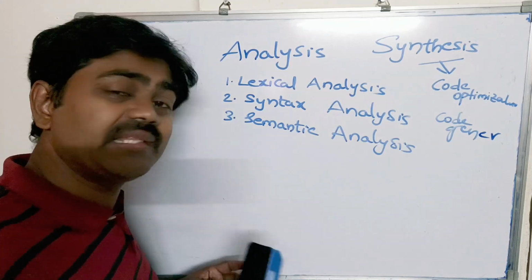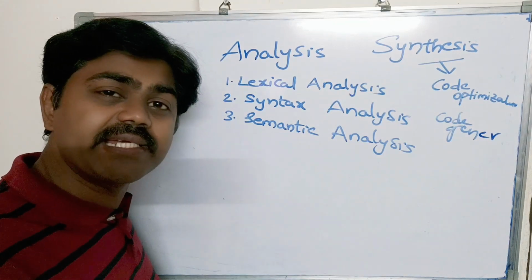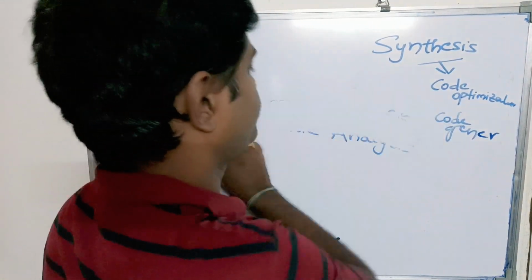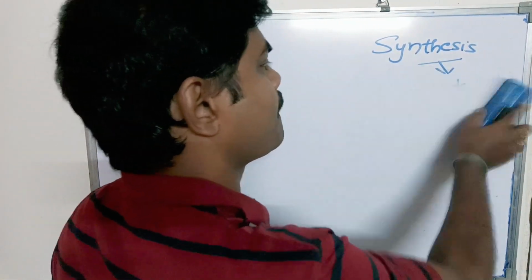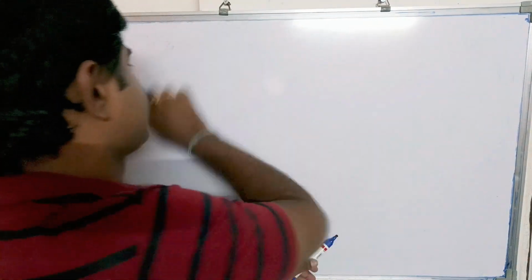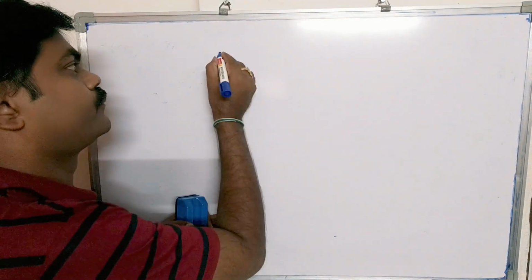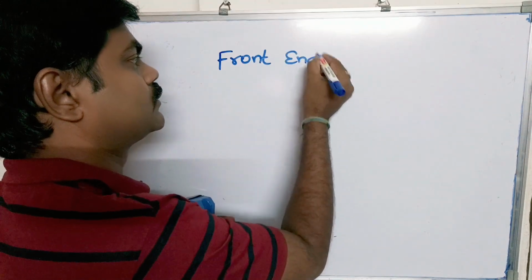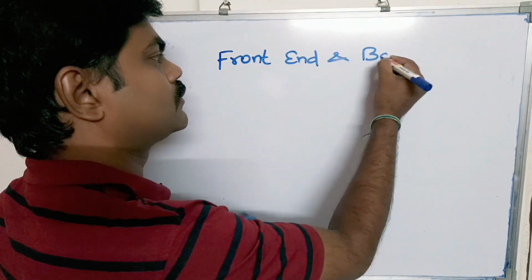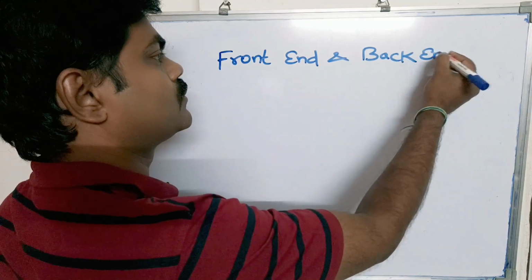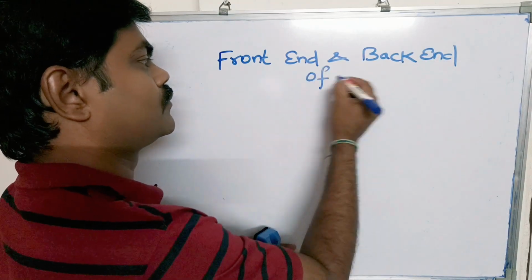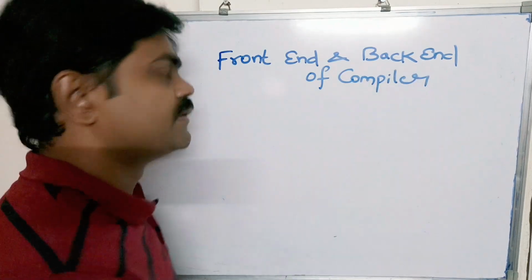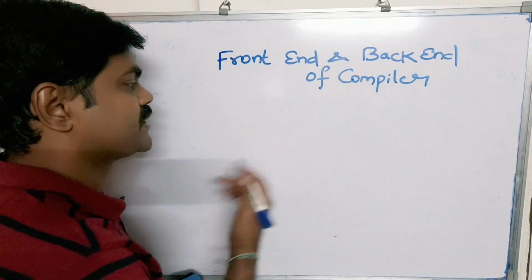Now this is also called the front end and back end of a compiler. This is the front end, and this is the back end of a compiler.